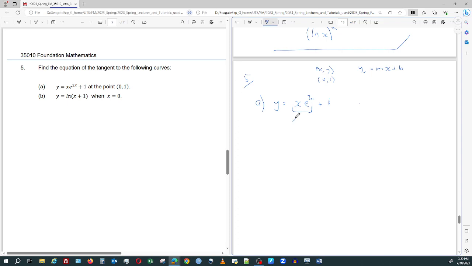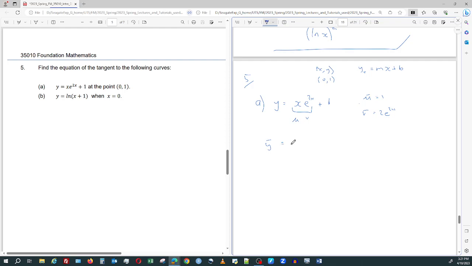So we're just looking at u and v. So u dash would be equal to 1, and v dash would be equal to the derivative of 2x, which is 2, times the derivative of e to the u, which is e to the u, and u itself was 2x. So we've got all of that. So our product differential, and the derivative of 1 is 0, so we don't need to bother with it.